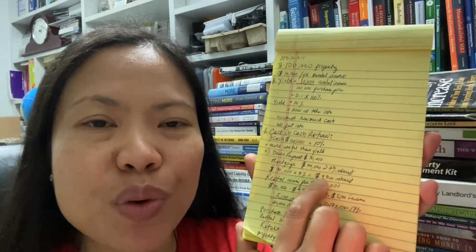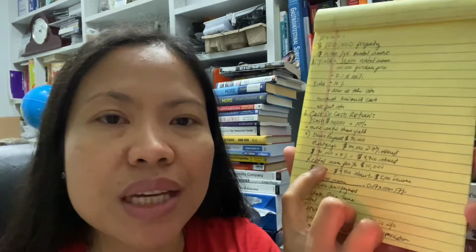gives you a cash on cash return of 10%. Now, let's say you want to use a down payment of $30,000 with a mortgage of $70,000 at an interest rate of 7%. To know how much interest we're paying for the year, the calculation would be $70,000, which is our mortgage, times 7% interest, which gives you $4,900 of interest per year.